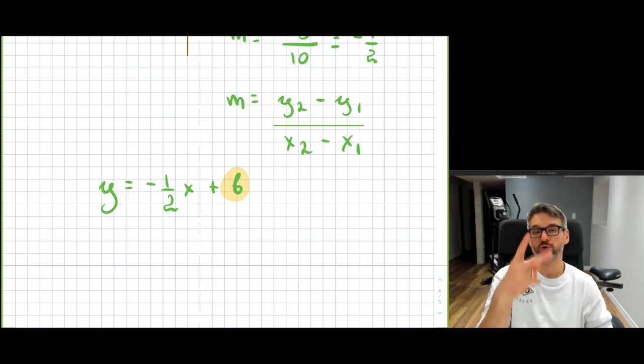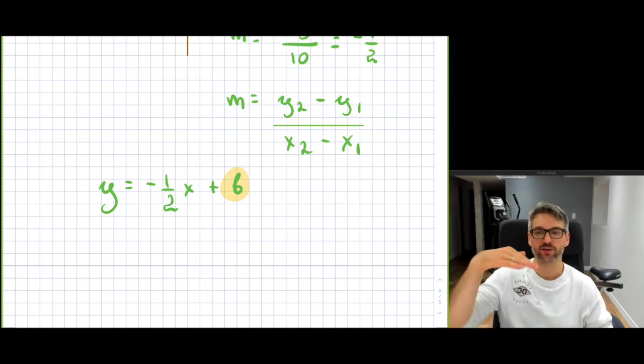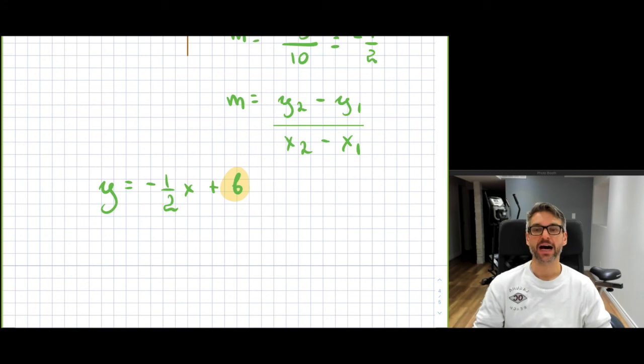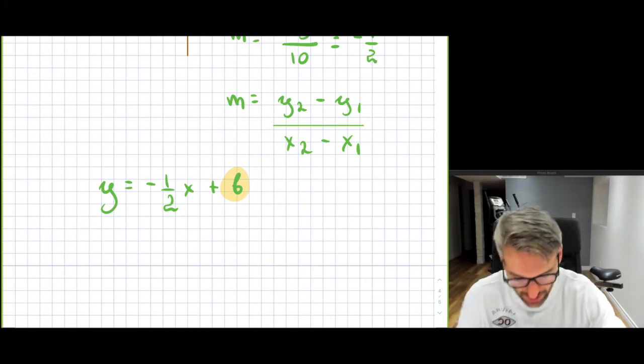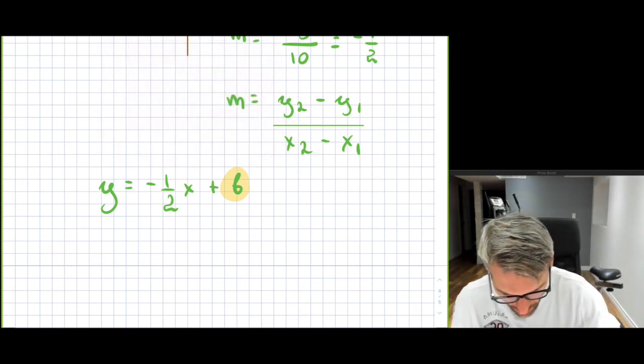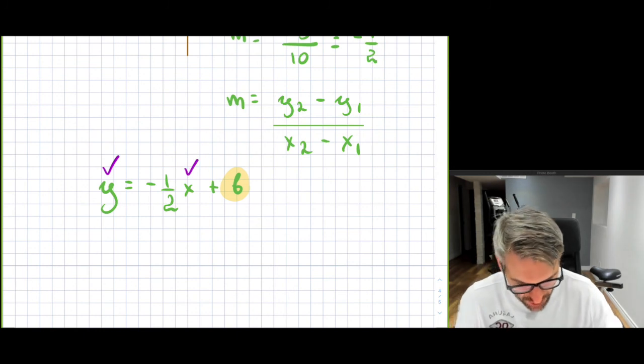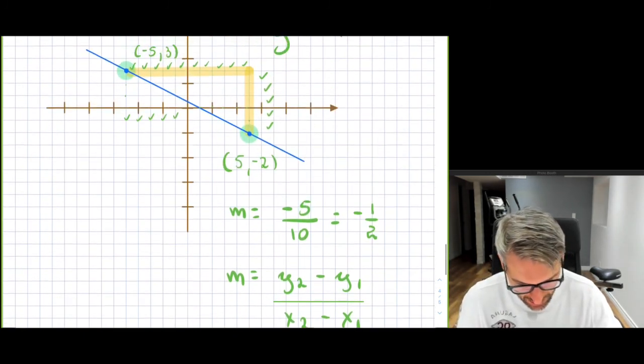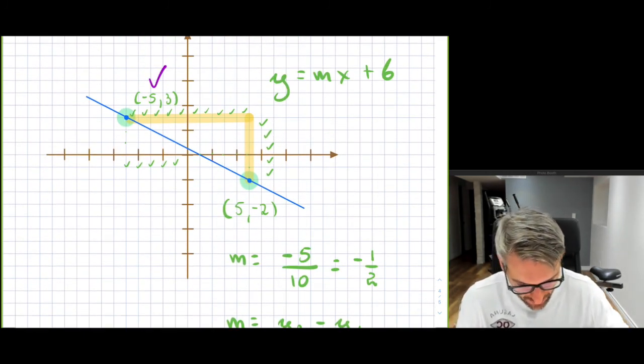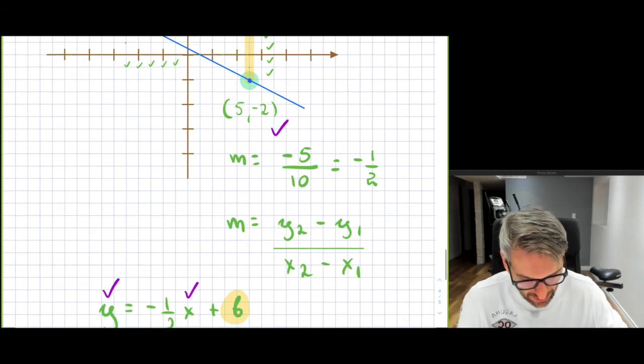Remember, you have 2 points. Well, what you can do is take one of those points, because the line goes through it, and now substitute it into this equation. So notice, here is your y, here is your x. We have 2 points. Those points are negative 5 and 3 and 5 and negative 2.